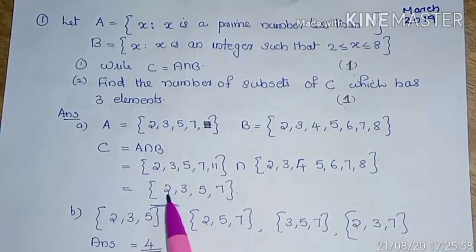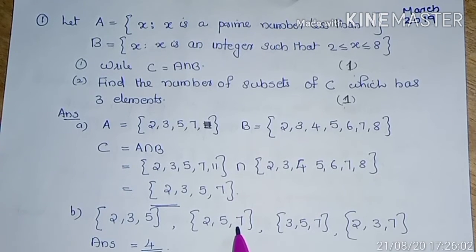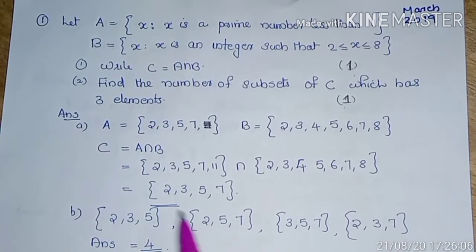Then {2, 5, 7}. Then {3, 5, 7} is also possible. Then {2, 3, 7}. So how many subsets of C have 3 elements? 4 subsets. So the answer is 4.